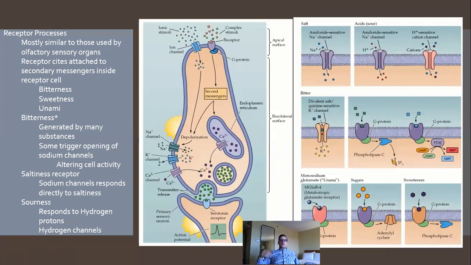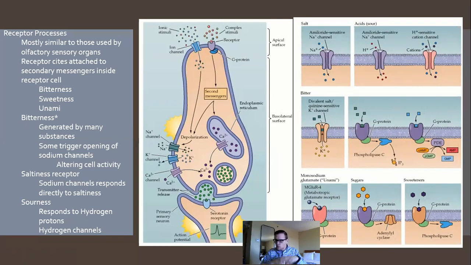They have signal proteins embedded in the wall of the microvilli. When the right chemical with the right molecular structure comes along and binds to the receptor site, it releases the G protein, triggering a similar process to what happens in the olfactory system, causing sodium channels to open, letting sodium come in, and triggering an action potential. Basically the same process that happens with your olfactory receptors.